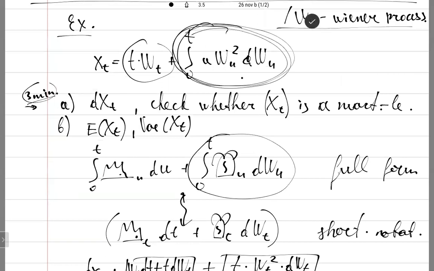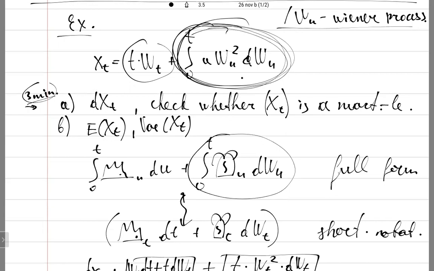Because X_t depends on W_{t-1}, on W_{t-0.5}, because this integral is influenced not only by W_t, but also by W_{t/2}.